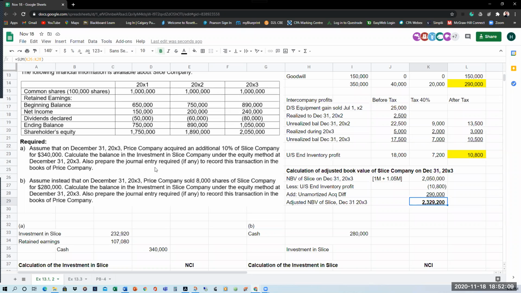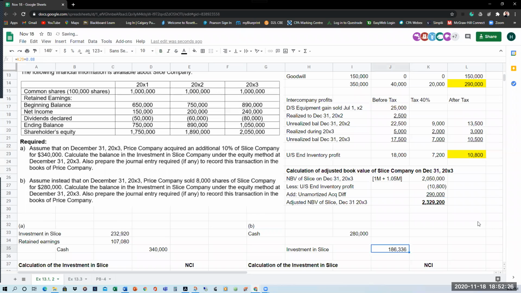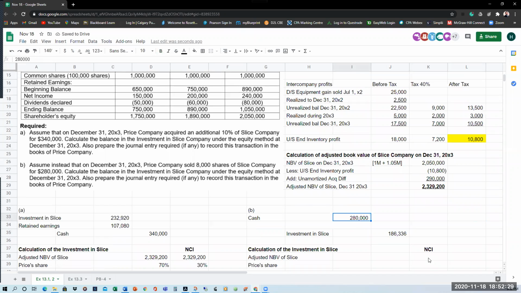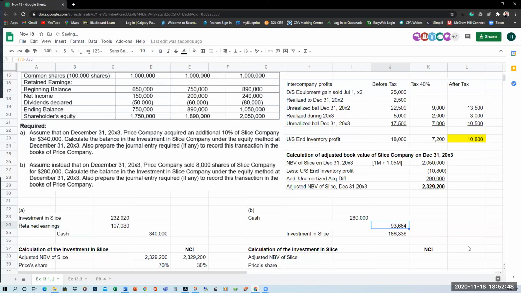What percentage did Price sell? 8%. So if you calculate 8% of the 2,329,200, you will get 186,336. So debit cash 280,000, credit the investment in Slice 186,336. And now we're looking at a credit difference of 93,664.